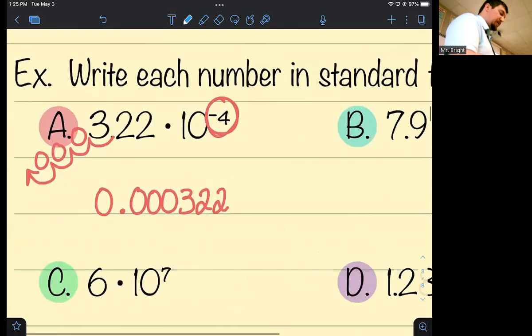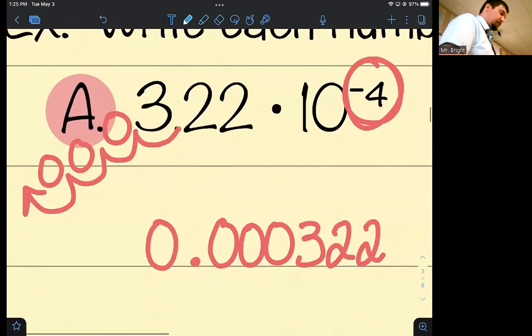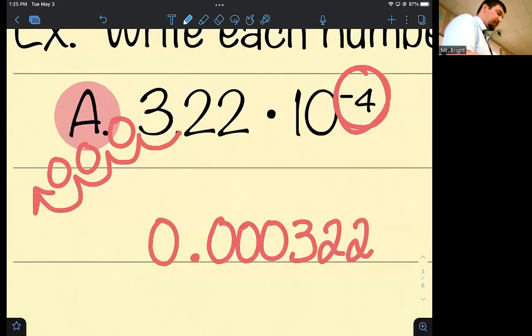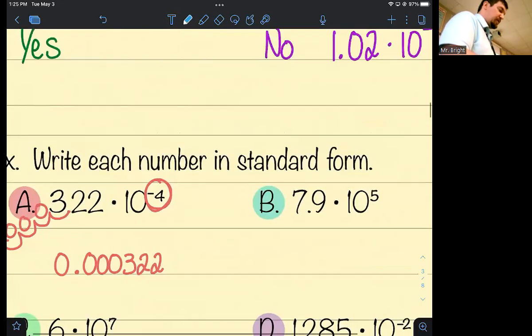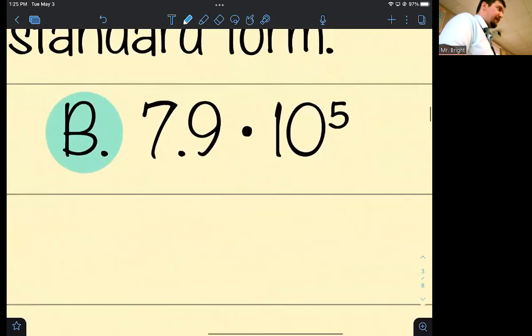How many times did we move this one, Emerson? We moved it 4 times. Okay. How many times are we going to move this one? 5 times. Okay. Now, because it's +5, what direction are we going to move it? Christian? To the right. So I'm going right 5 times.